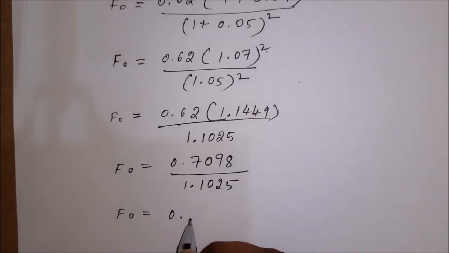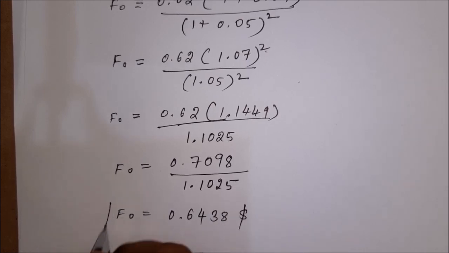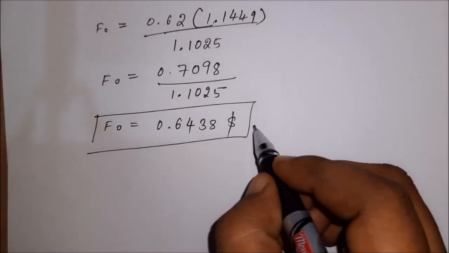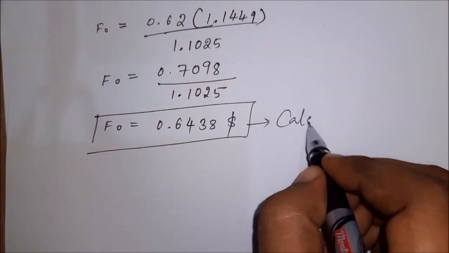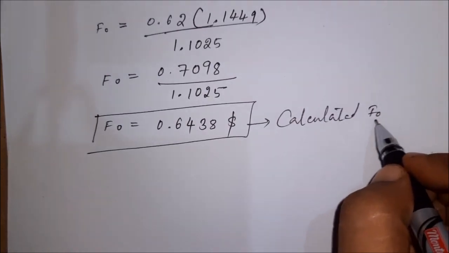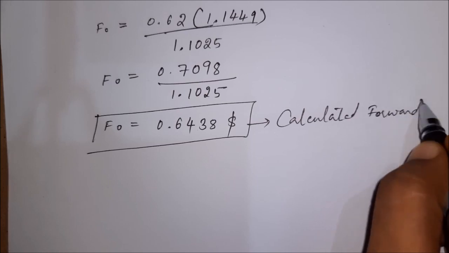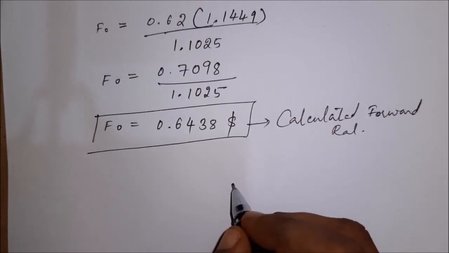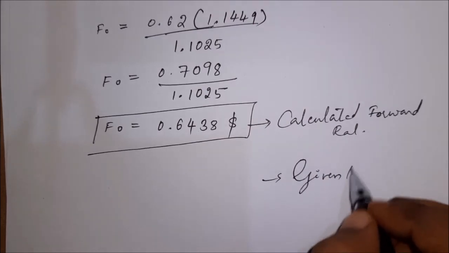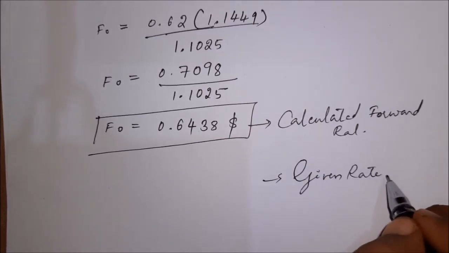We will get the forward or future price, that is 0.6438. It is in dollars. It is the calculated forward or future price, 0.6438 dollar.